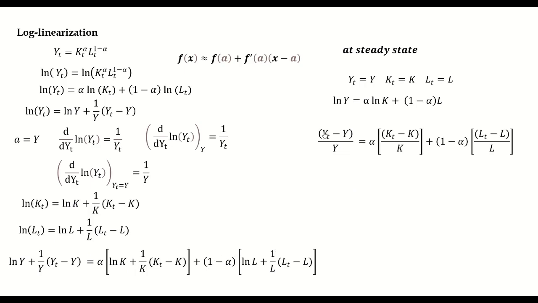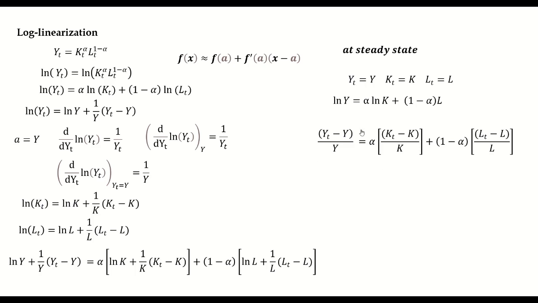So notice that yt minus y over y is the percentage deviation of y from its steady state value, which is y, as we assumed earlier.